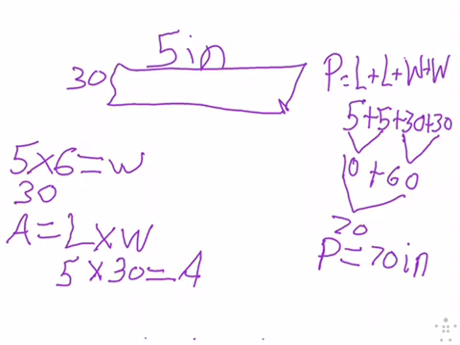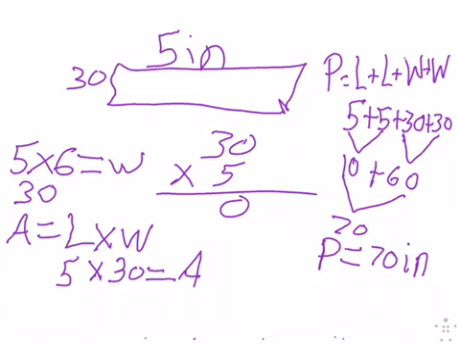All right, let's go ahead and do 30 times 5. We're going to start with 5 times 0 ones, which is 0. Then we're going to go to 5 times 3 tens, which is 15 tens. We're going to write our 5 first, and then our 1. 15 tens.